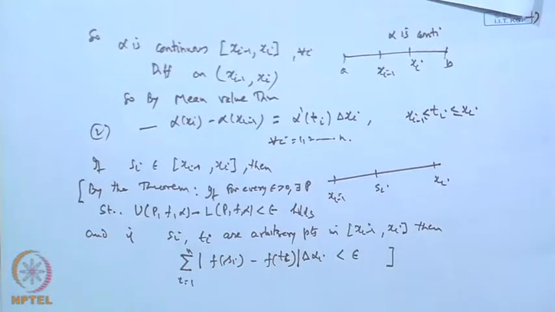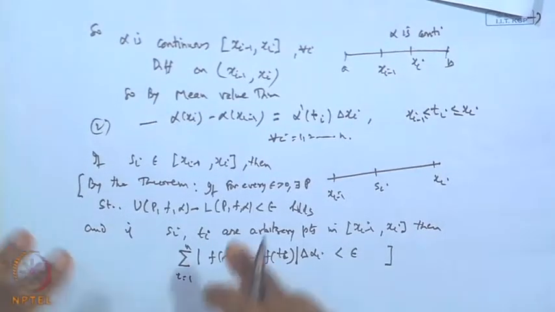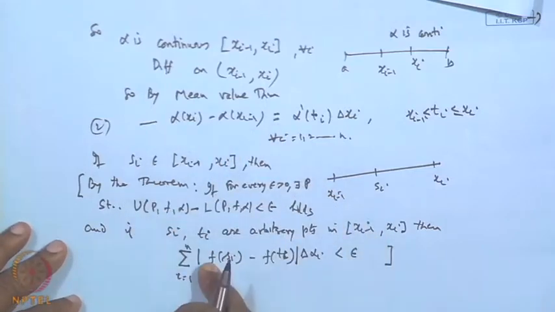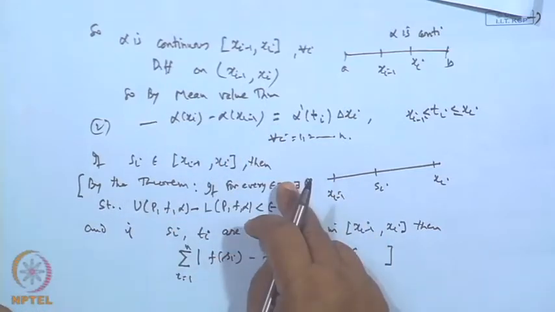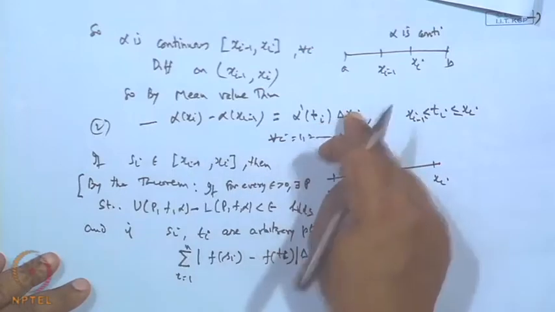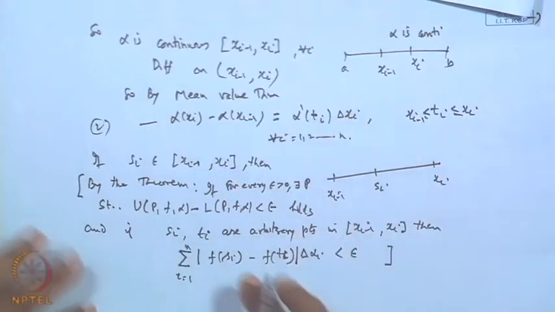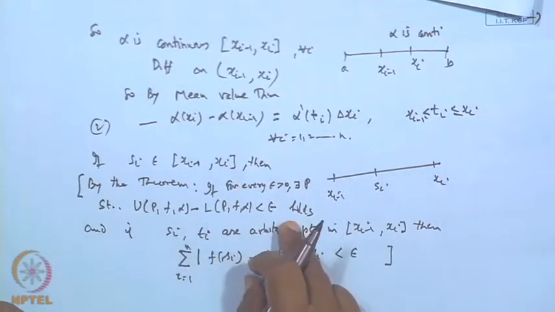So, using this result, because our function alpha is given to be continuous and bounded, satisfying this condition, for any partition P we can get this.